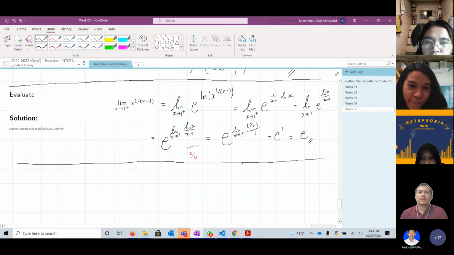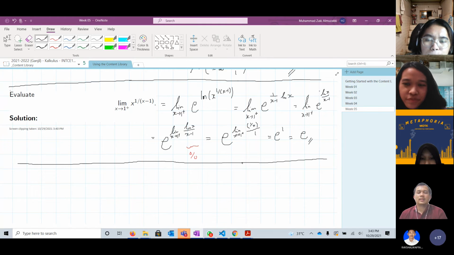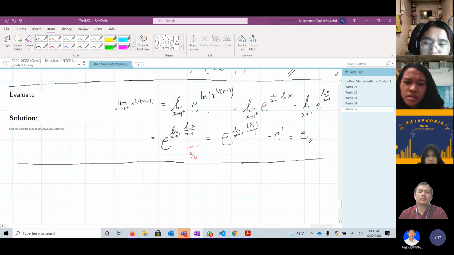Karena aturan limit, kalian can read it in the slide about limit. Pada dasarnya kalau kita punya limit dari fungsi komposisi, kita bisa pindahkan limit ke dalamnya. Sehingga di sini limitnya bisa kita pindahkan ke pangkatnya, karena yang mau kita hitung limitnya adalah pangkatnya saja. Is it clear?